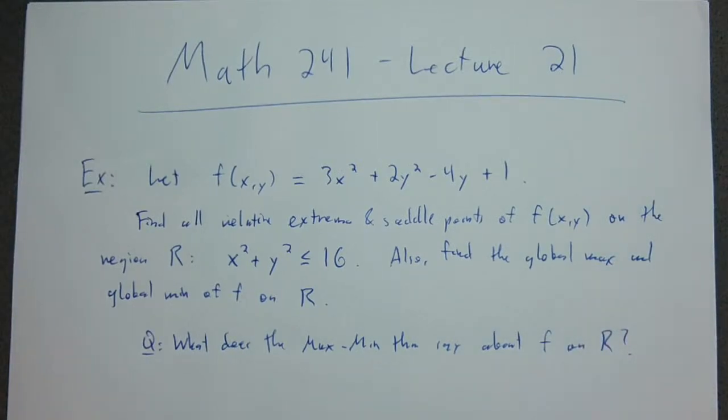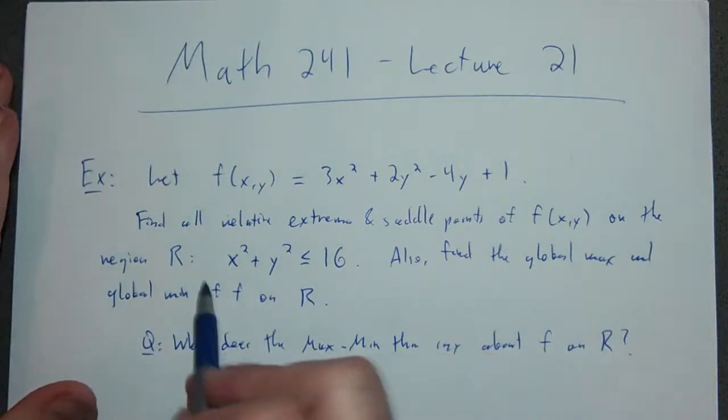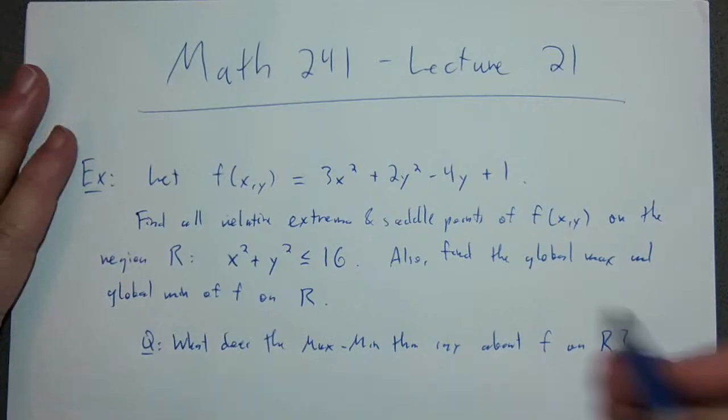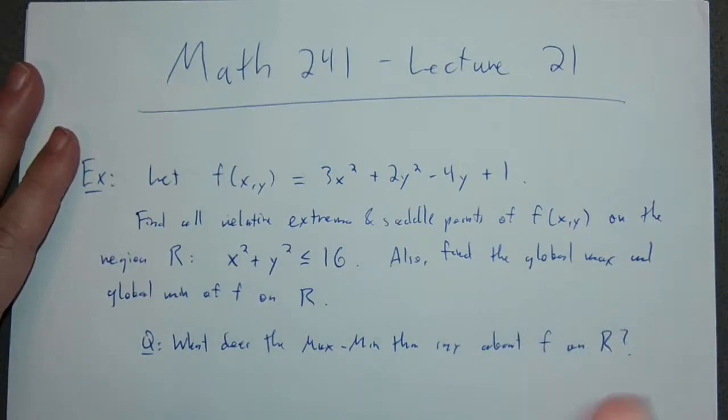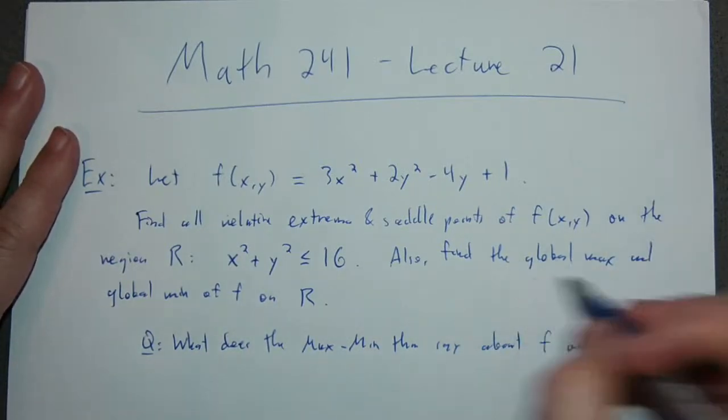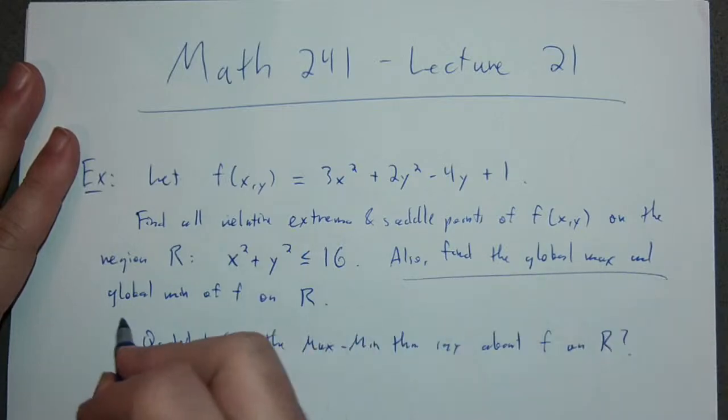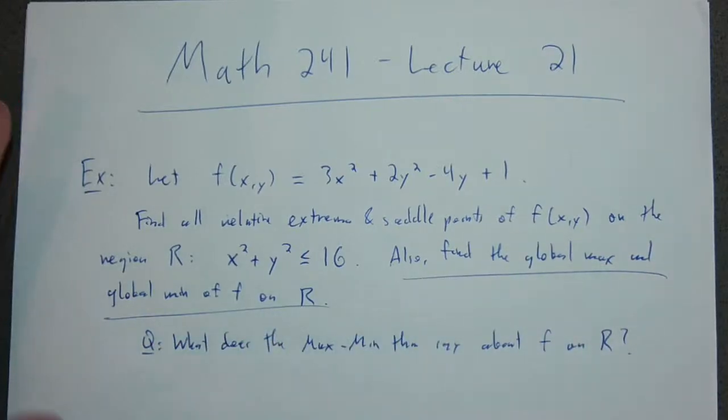Well, recall the max-min theorem says that if you have a continuous function on a closed and bounded region, then it must have both a global max and a global min. So it doesn't say anything about relative extrema or saddle points or anything like that, but it says if you have a continuous function on a closed and bounded region, then you have a global max and a global min. So this is the thing that we're always going to be able to do, what I underlined here.